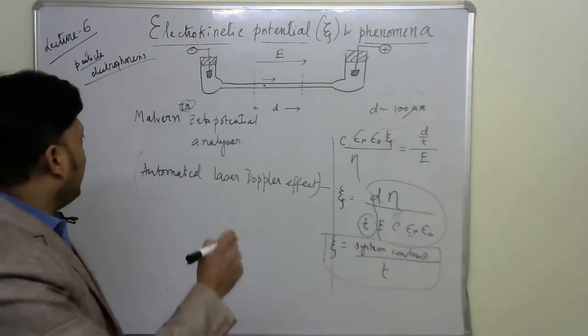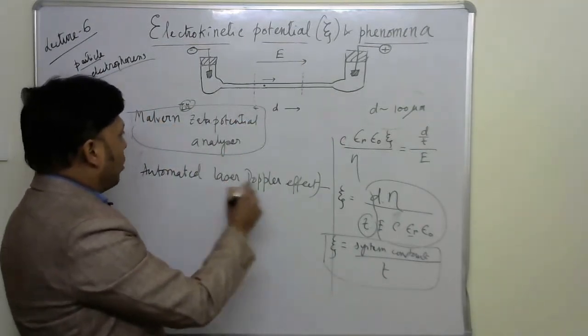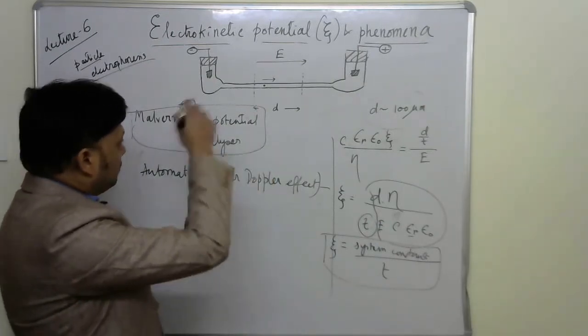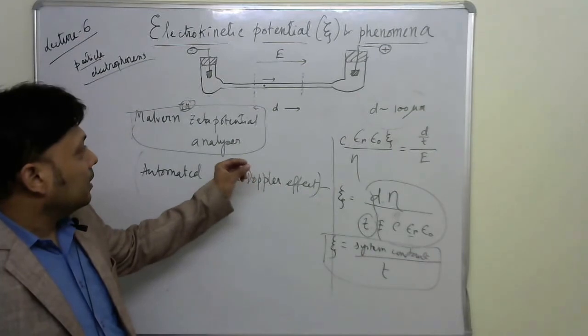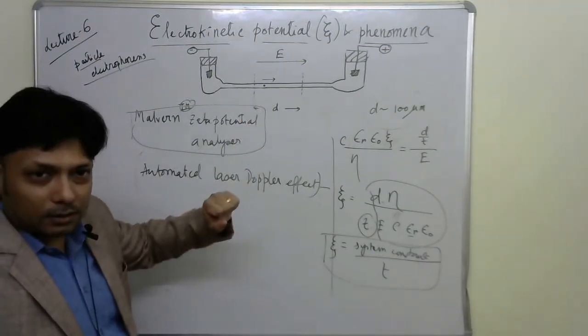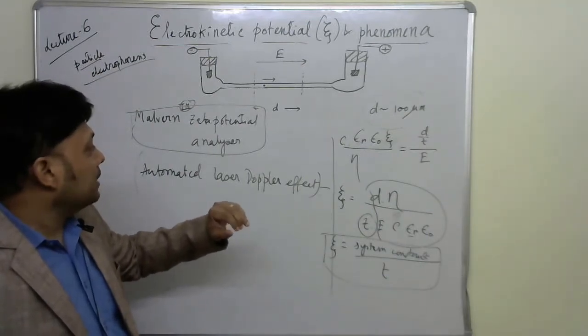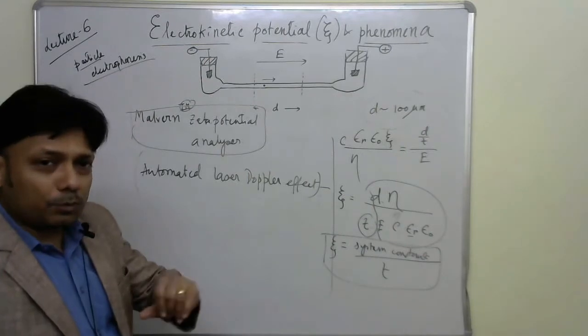But one added advantage for using this laser Doppler effect, this Malvern Zeta also reveals the hydrodynamic diameter of this particle. Okay, and that is done by the light scattering experiment based on Tyndall effect. So we'll come to that effect later.